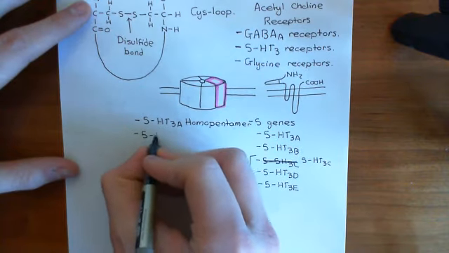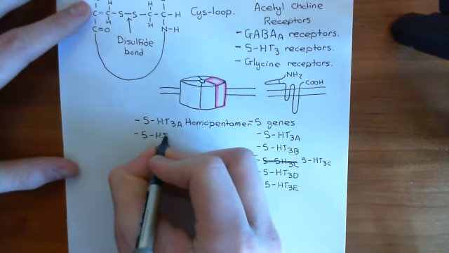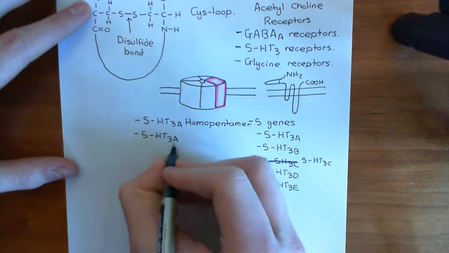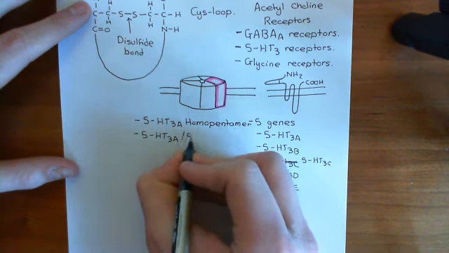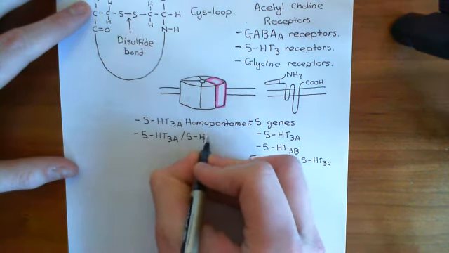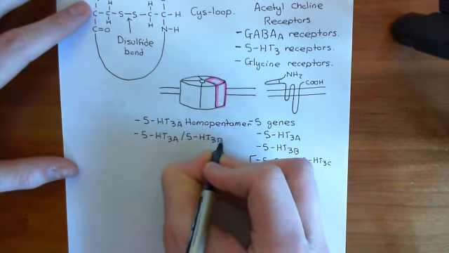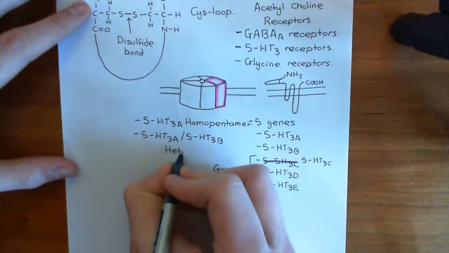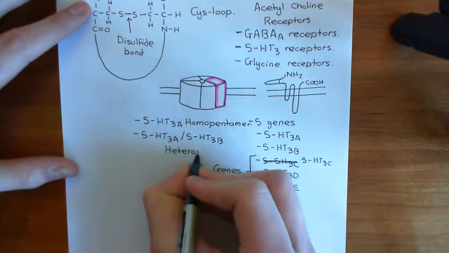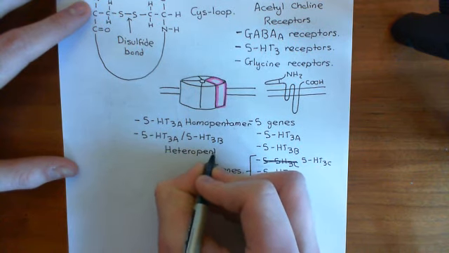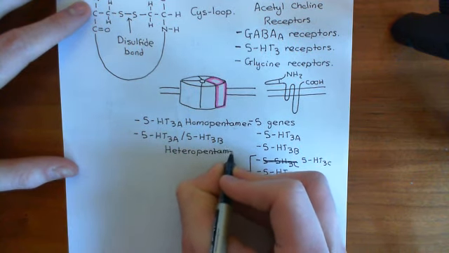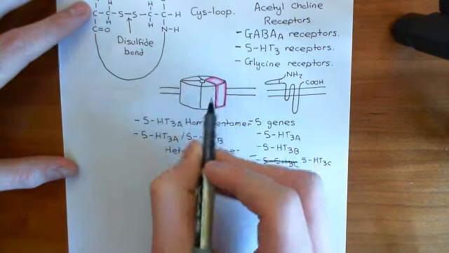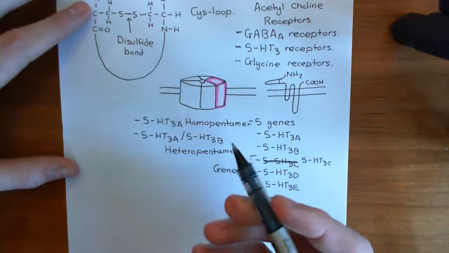So we have also found 5-HT3 receptors, which are pentamers of both 5-HT3A subunits and 5-HT3B subunits. These are called 5-HT3A, 5-HT3B heteropentamers. So hetero means different, pentamer means that you have 5 subunits. So these 5-HT3 receptors will have both 5-HT3A proteins within them and also some 5-HT3B proteins within them.